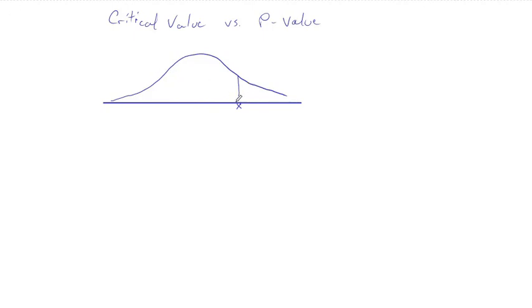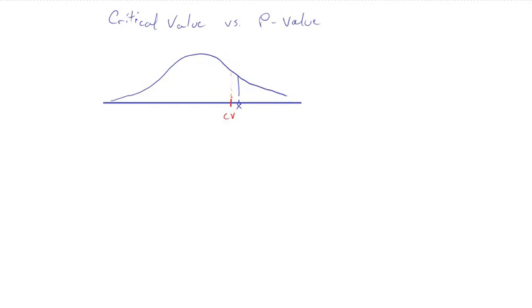Okay, so we've got some test statistic here. Now the critical value is some other value on the x-axis, say here. If that's my critical value, my test statistic has gone past the critical value into one of the tails. So that tells me to reject the null hypothesis.